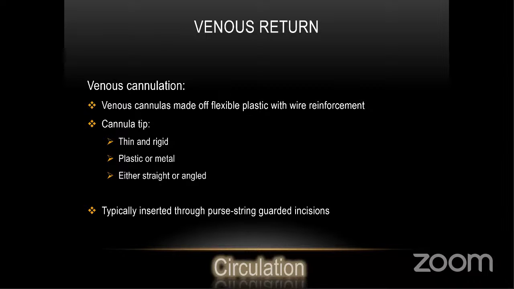Venous cannulas are usually made of flexible plastic stiffened with wire reinforcement. The cannula tip is thin, rigid, either plastic or metal, and either straight or angled. It is typically inserted through a purse-string guarded incision.